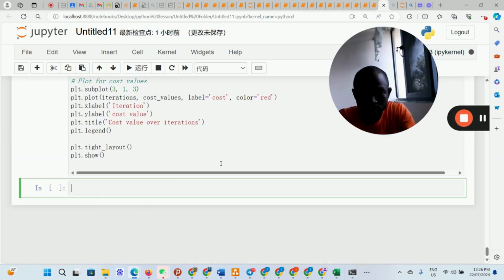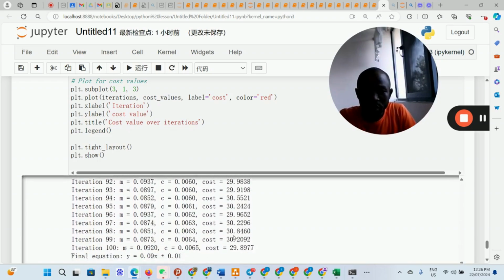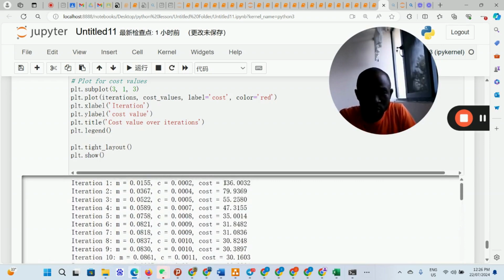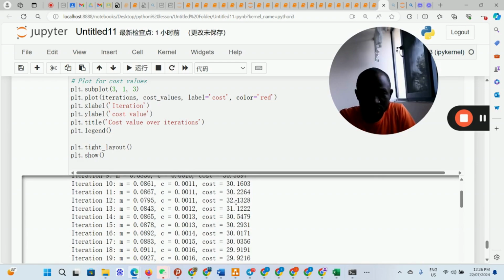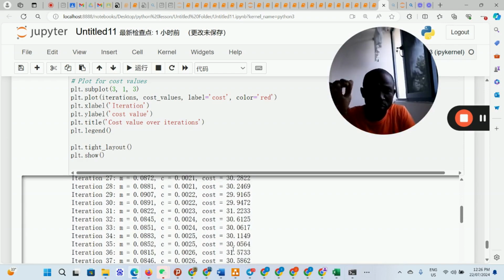So if we run this program, we are going to realize that, look, it started from 139, 136, 79, goes down to 30, 30, 29, 30, 29. You see, it goes up, goes down, goes up, goes down.